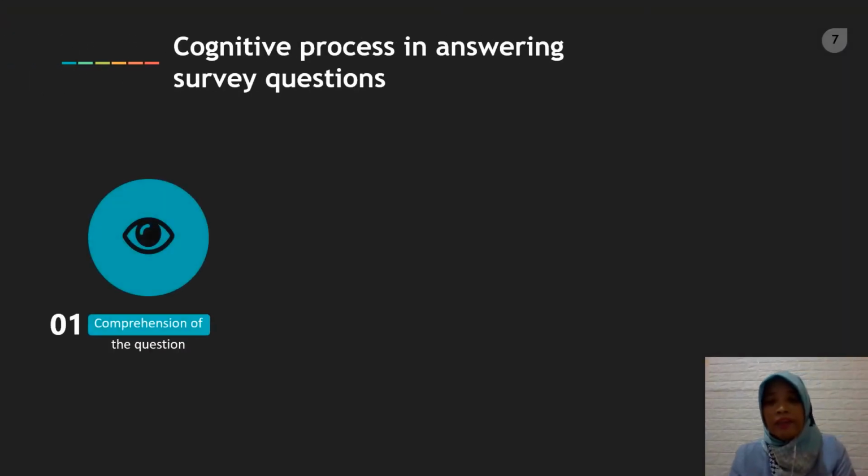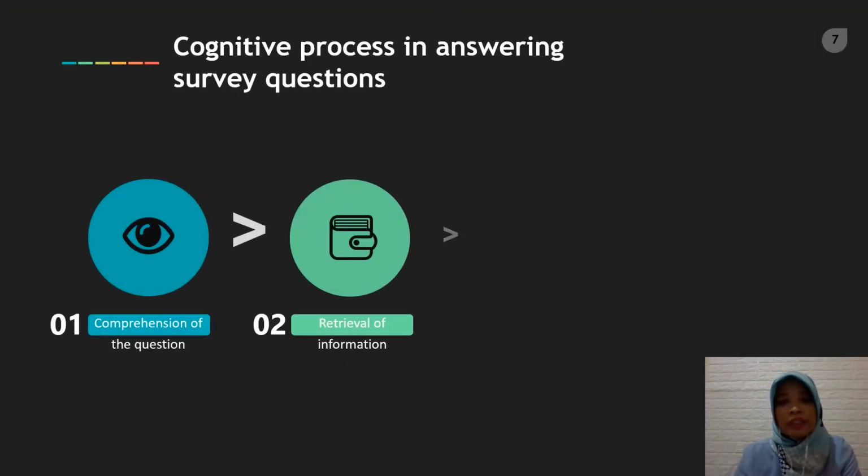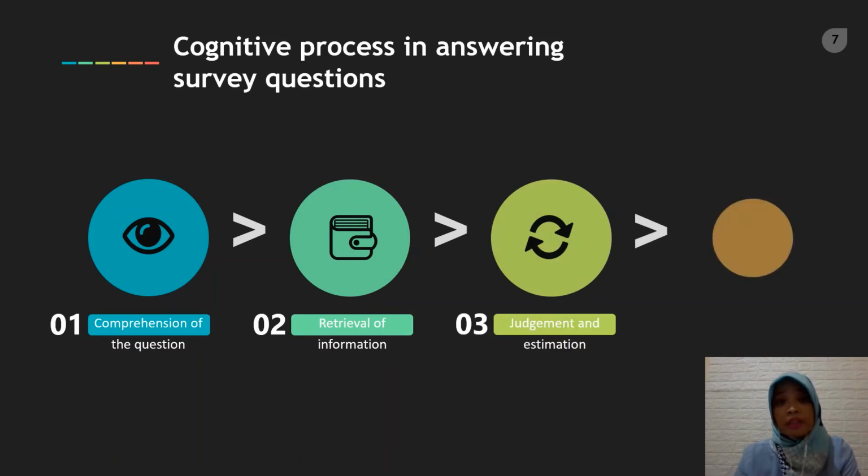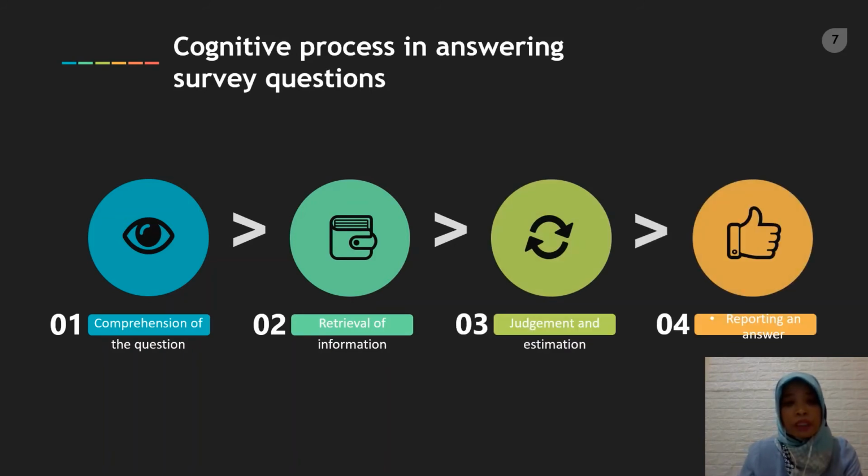And then another thing that we need to consider is the cognitive process in answering survey questions. The first one will be the comprehension of the question. When a participant or respondent sees our survey, they will need to comprehend the question first. Actually, using an online survey gives them more opportunity to really pay attention to the question.